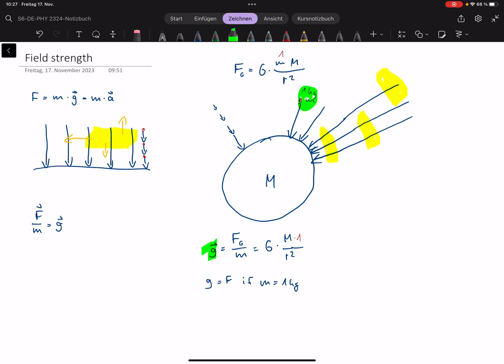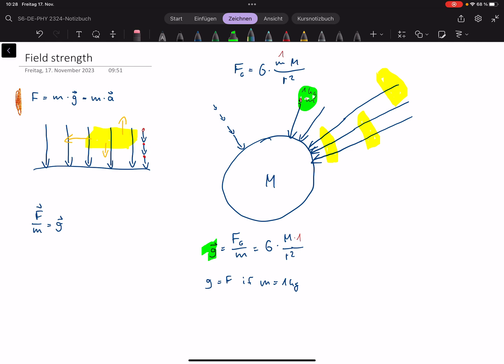So now we have 3 different interpretations or concepts of the field strength. The first one was the acceleration. If we just drop some object in the gravitational field, then G is equal to a, and that's the acceleration.